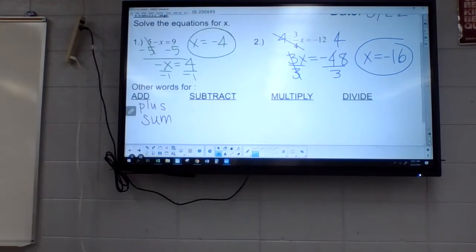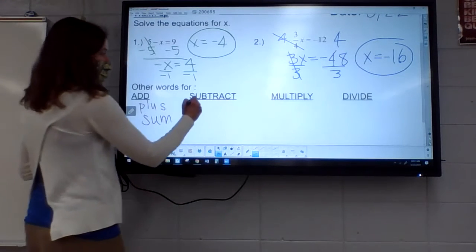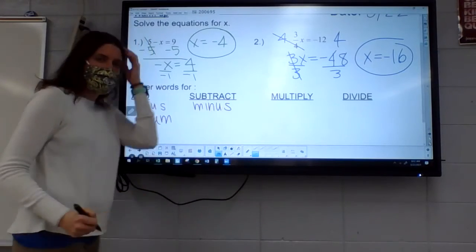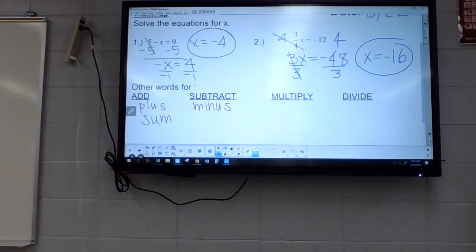What other words do you guys know? Do you guys know any other fancy words or not fancy words? Minus, yeah, for subtraction, yep. What else do you guys know? Any other words for any of these?